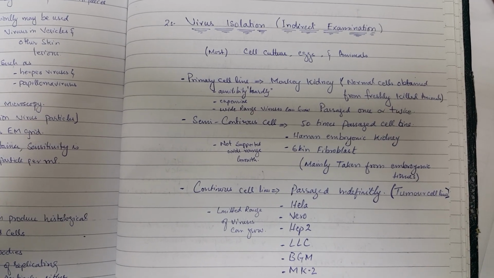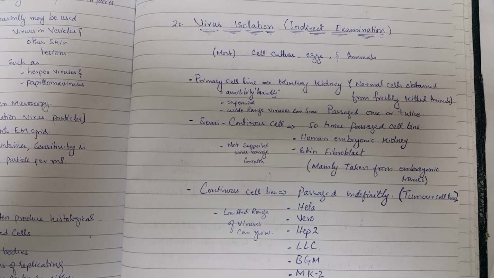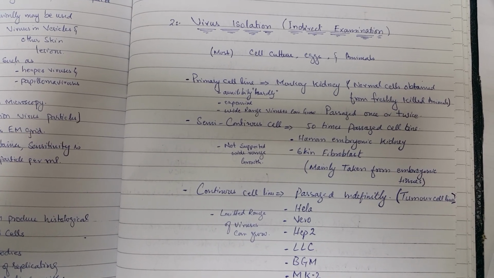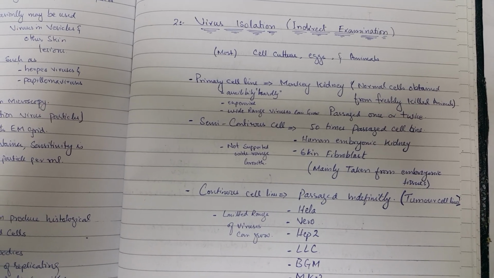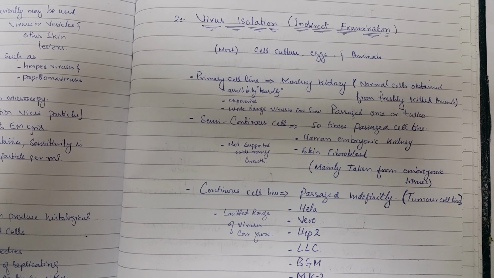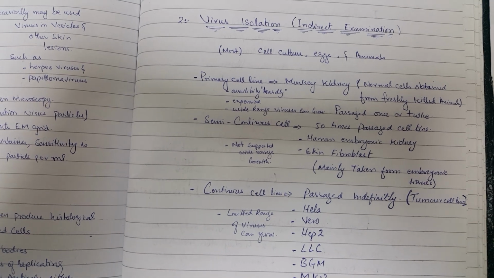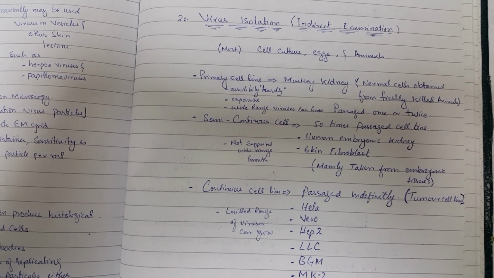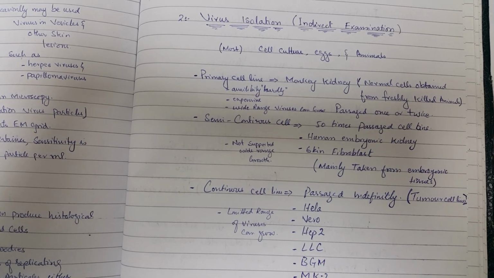The first is the primary cell line, which is monkey kidney or normal cells obtained from a freshly killed animal. Primary cell lines are very hard to obtain and very expensive, and a wide range of viruses can grow on these cells, but the passages are only once or twice, so we cannot preserve the culture for a long time.